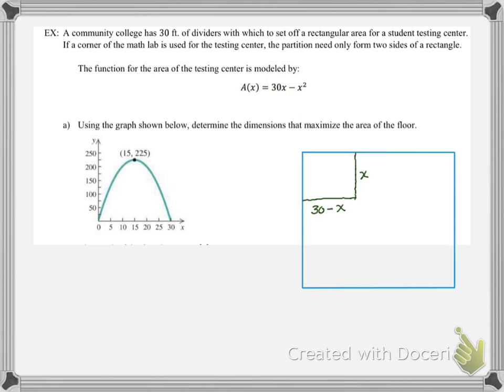So 15, because my local maximum is at the point (15, 225), and I said x was my width, so I use the x value of that point because I'm looking for the width, or x value, which will maximize my area.